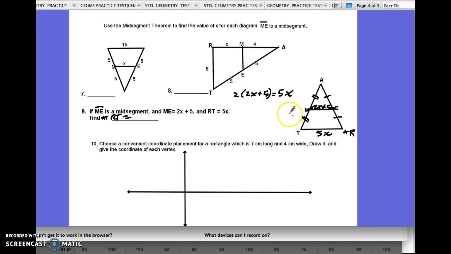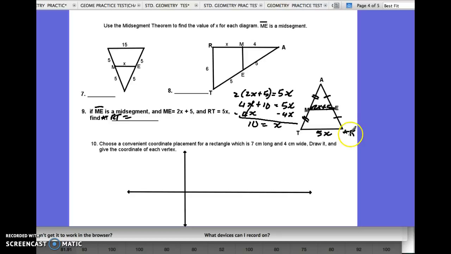That's just set up, and then you work it out for x. 2 times everything in here would be 4x plus 10. Since the bigger variable is on the right, I'm going to subtract the 4x from both sides. So I have 10 equals x.